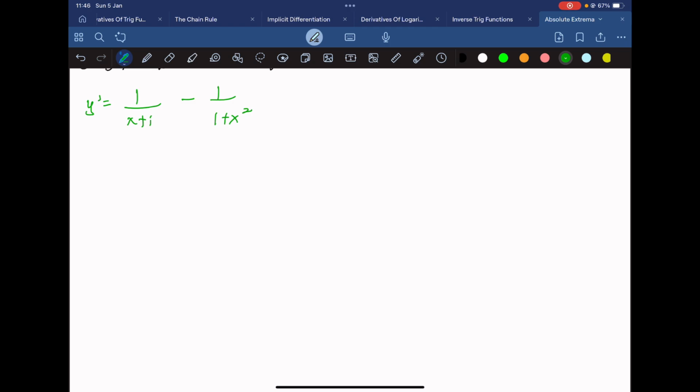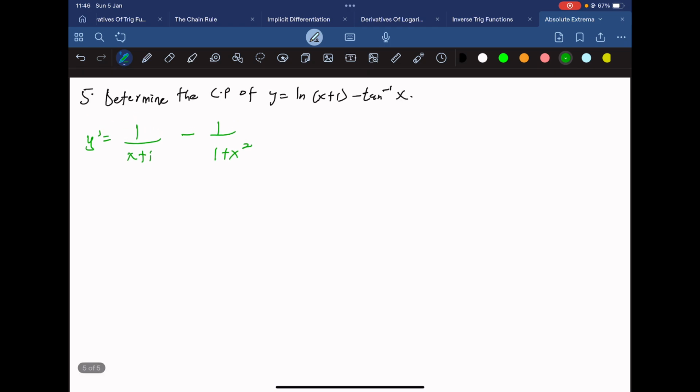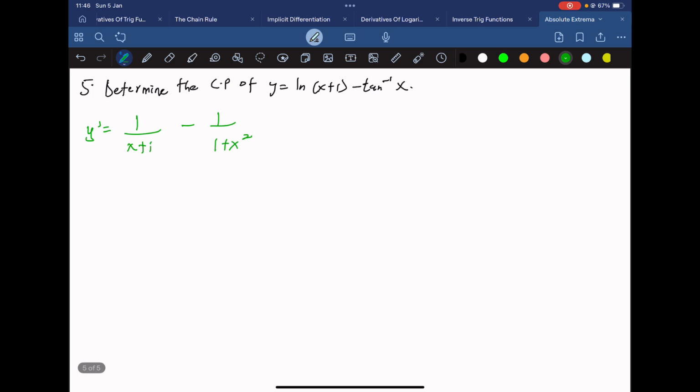So in this case, we can find the LCD. But instead of finding the LCD, first of all remember, a critical point is where the function is undefined or equal to 0, and we don't have any x value that will make this undefined. So we just have to set this equal to 0. In doing that, we can send this to the right hand side and it becomes positive.